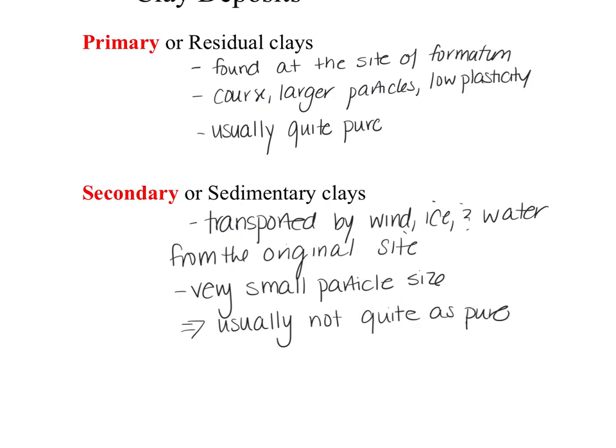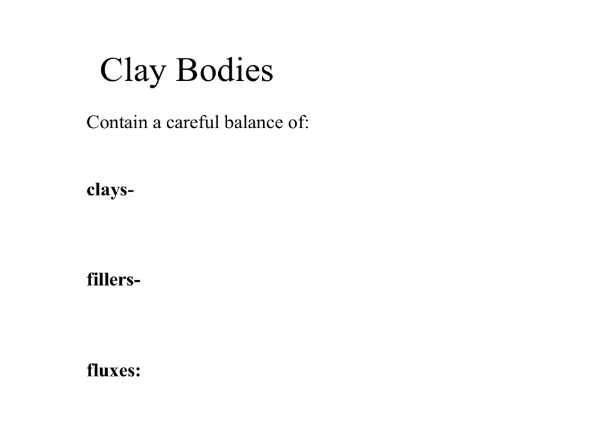Now, when we start to talk about clay bodies, they contain a really careful balance of clays. And so that's that primary and secondary clay, and that imparts plasticity and workability. So remember, clay bodies, that's what we're using to make these ceramics.